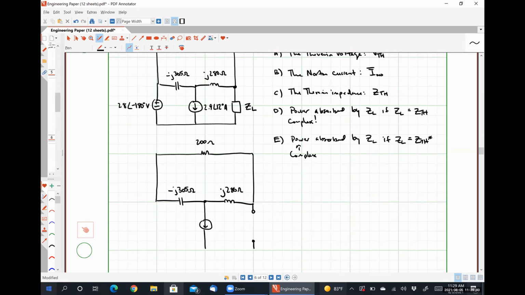Here's 28 angle negative 180 degrees volts. Here's 2.9 angle 12 degrees amps. Here is my circuit. This will be my Thevenin voltage, VTH. So how might I go about determining that quantity?